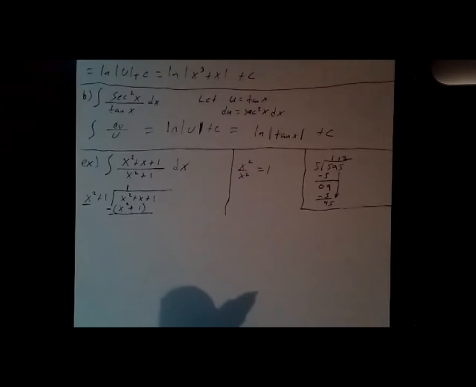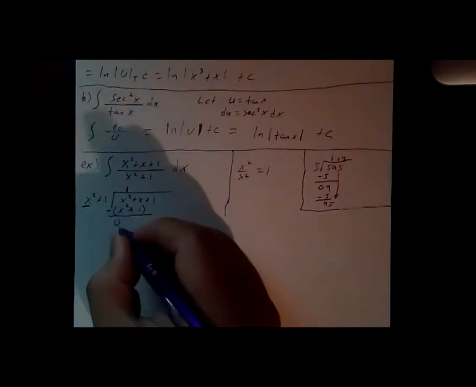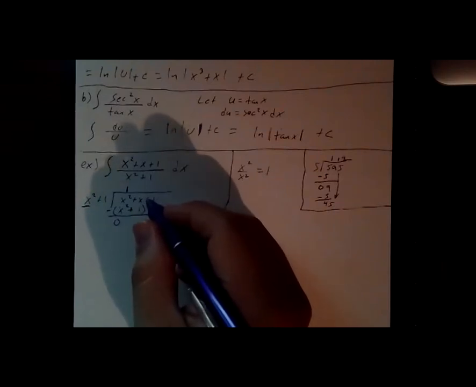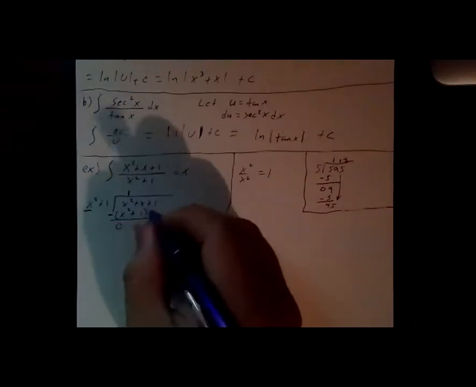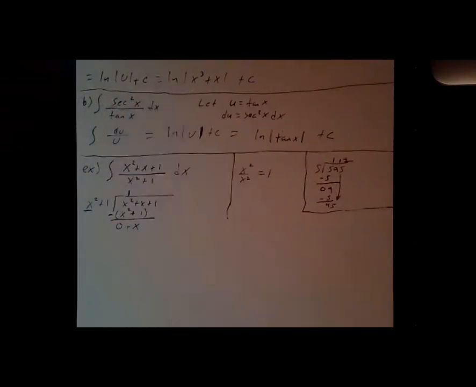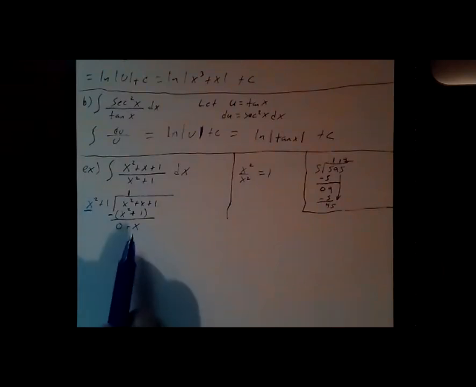Okay. So x squared minus x squared is 0. I can subtract the 1's, but not the x. So that's going to be, these 1's cancel, leaving me with plus x. And that's as far as I can go because x squared does not go into x. So how do you write the remainder?